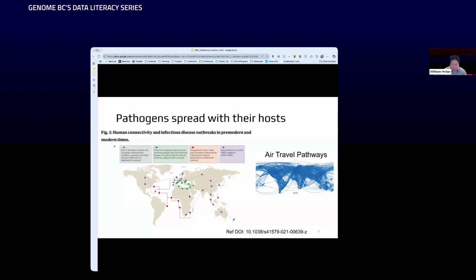And I found this map from one of the journals about 2 years ago, and it shows that in the ancient time, the disease are often transmitted just locally, as shown in these green dots. These are diseases that occurred in the second, third, and sixth centuries. And then the red dot shows the transatlantic slave trade carried diseases from the European colonies to North America.